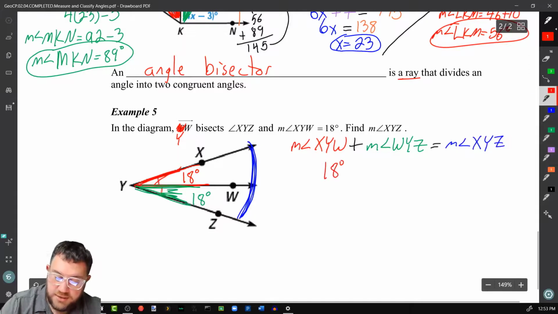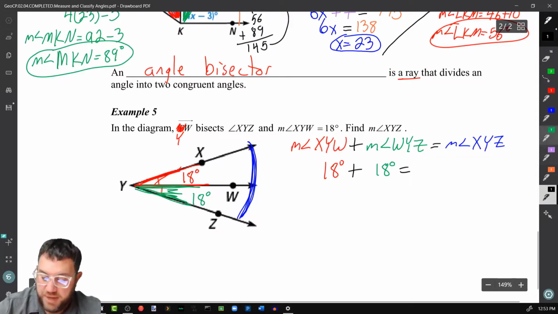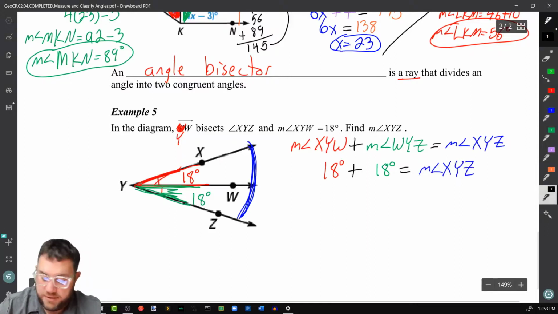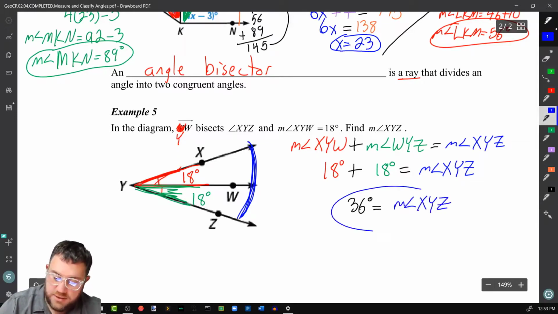We know that the measure of XYW is 18, which means WYZ is also 18 because they are congruent, because we have an angle bisector. And so we could add those two together, and we know that 36 degrees is the measure of angle XYZ.